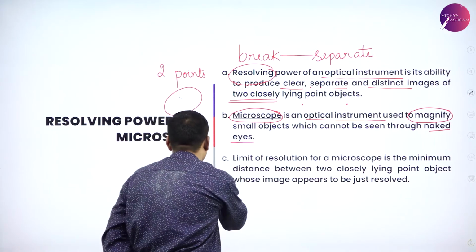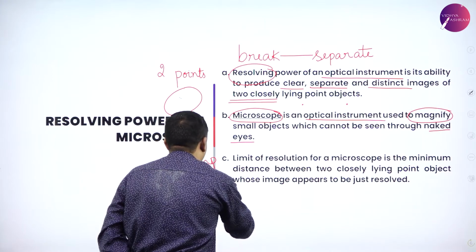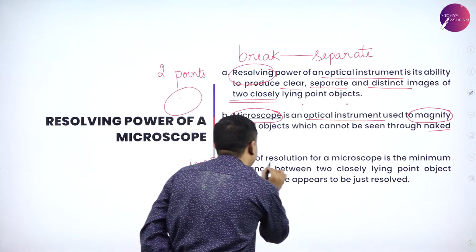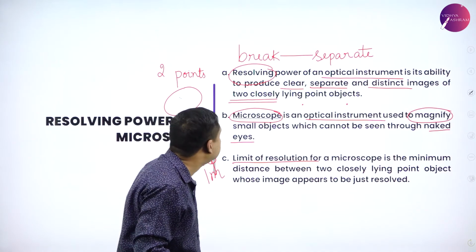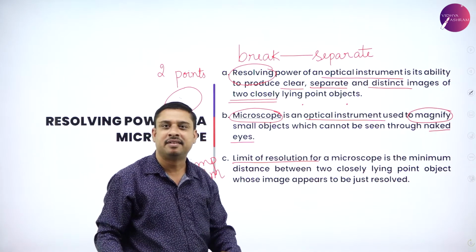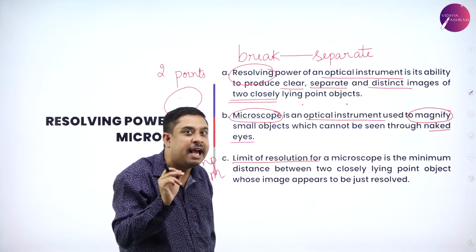Now, important definition. This carries 1 mark in the exam. Limit of resolution. What did I say resolving power is?